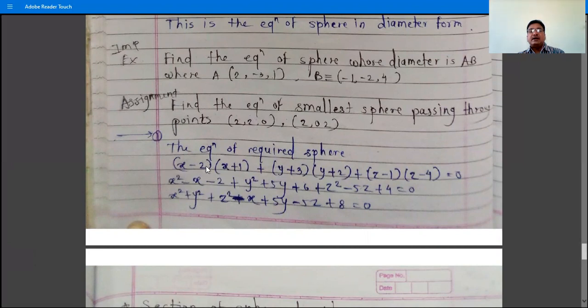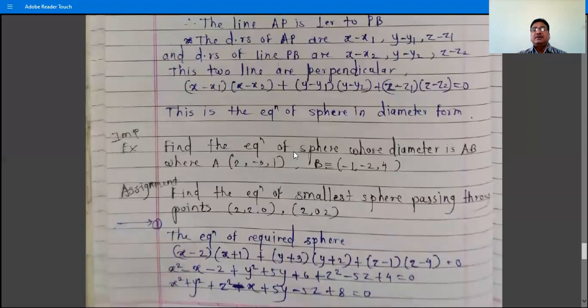Similarly, multiplication of the next two is y square plus 3y plus 2y becomes 5y plus 6, and then z square minus z minus 4z becomes minus 5z, and minus 1 and minus 4 multiply to plus 4. The final answer is x square plus y square plus z square minus x plus 5y minus 5z, and the constant term is plus 8, is equal to 0. This is the answer of this example.